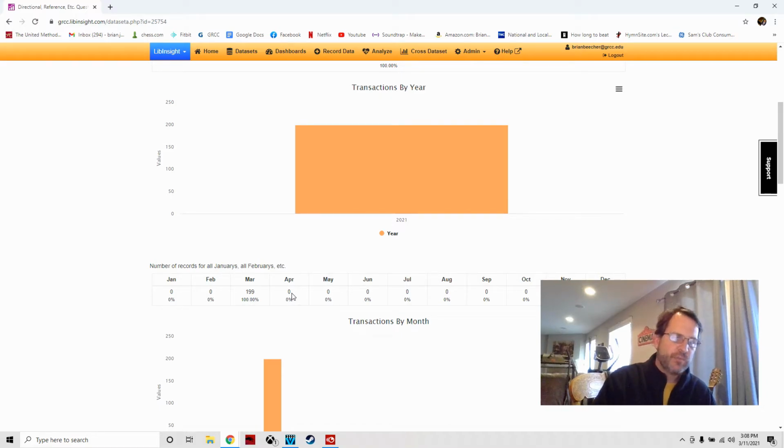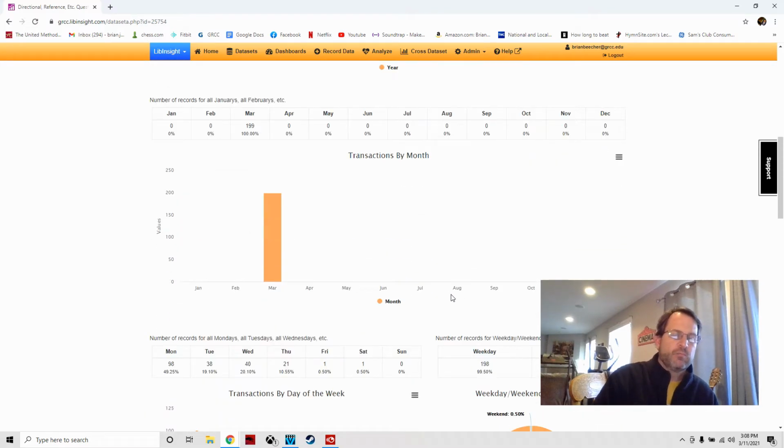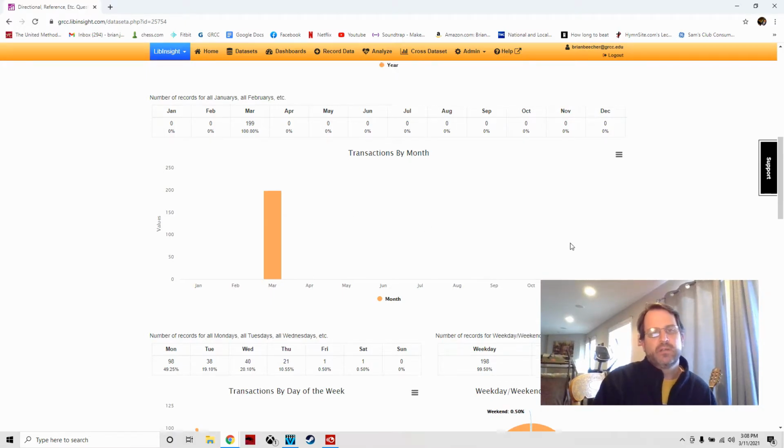There'll be a bunch more in April, a bunch more in May, and so we'll have that data. Here it will show us how many questions are answered by month. So this is basically a bar graph by month of how many questions are answered, and as time goes by, this will come through with many different bars.